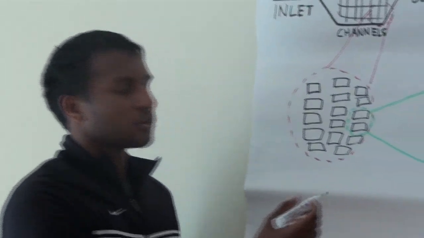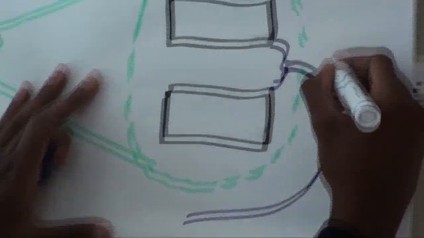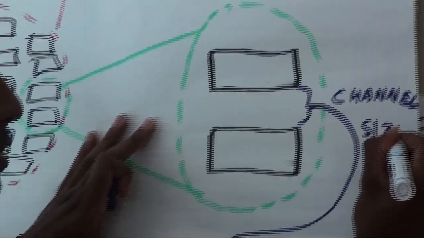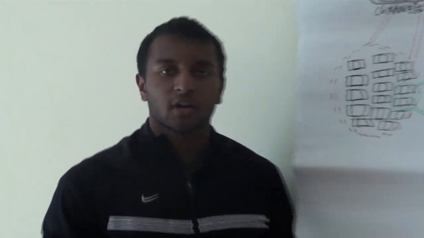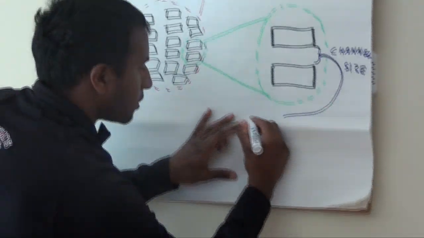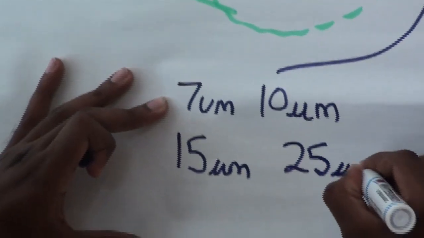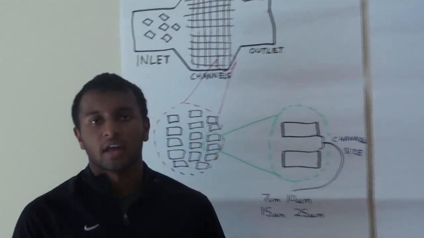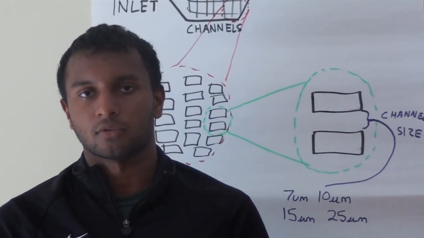This close-up shows the channel size. I used 4 different sizes: 7 micron, 10 micron, 15 micron, and 25 micron. I etched this design onto a silicon wafer and cast a gel mold over it.